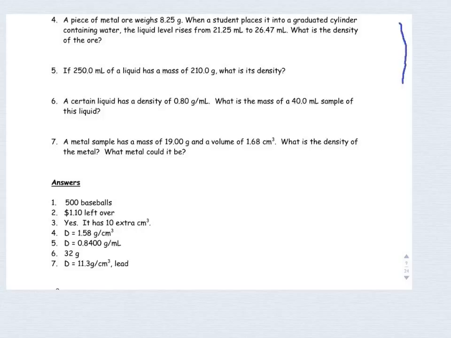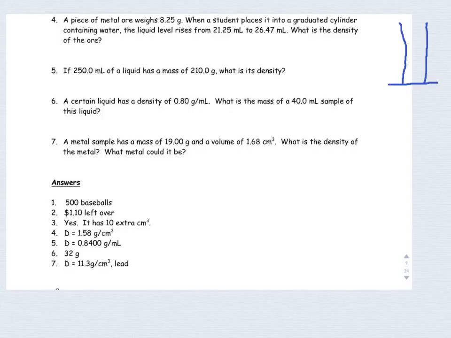On the next slide I've got a picture of this being done. My crappy picture will make more sense in a minute. This question says a piece of metal ore weighs 8.25 grams. You can measure that easily enough on a scale. When a student places it into a graduated cylinder containing water, the level rises from 21.25.